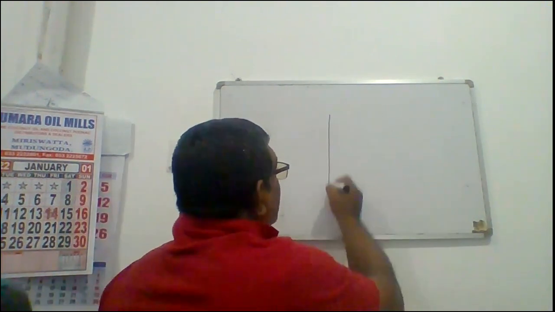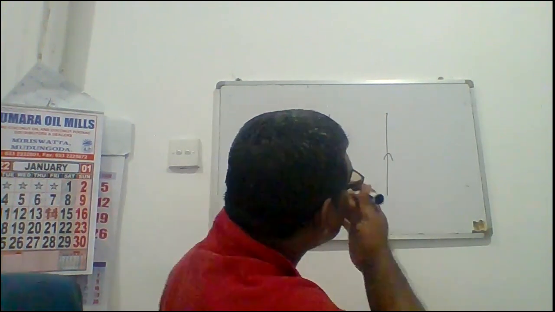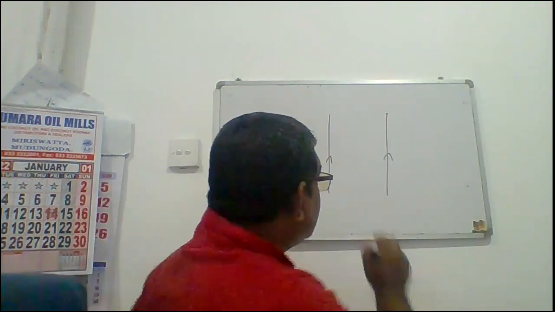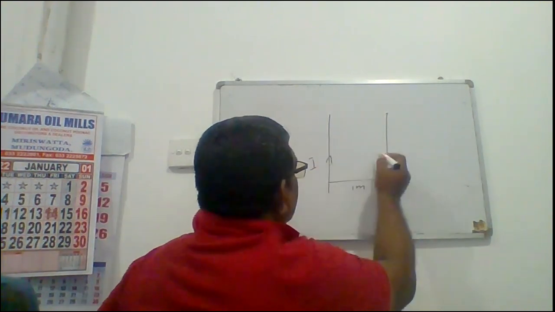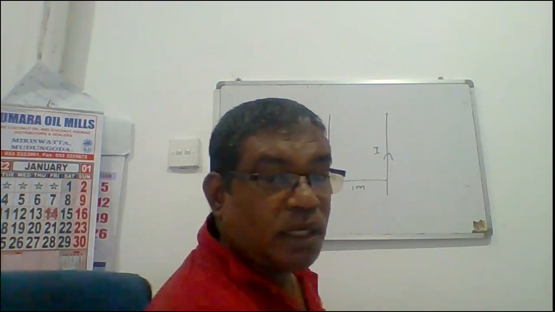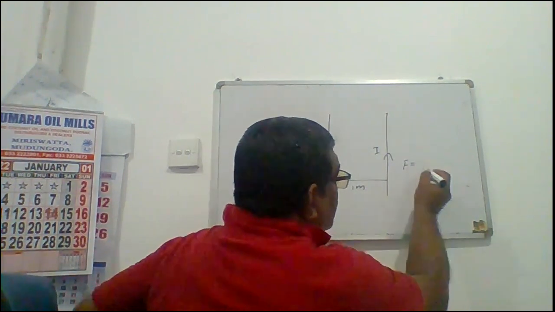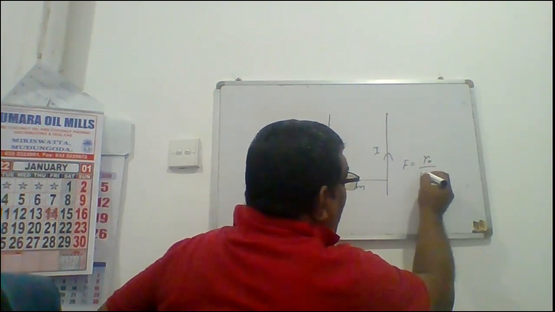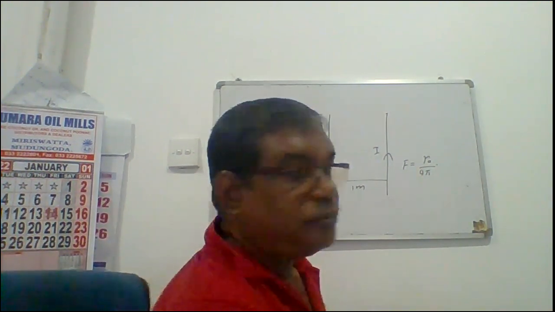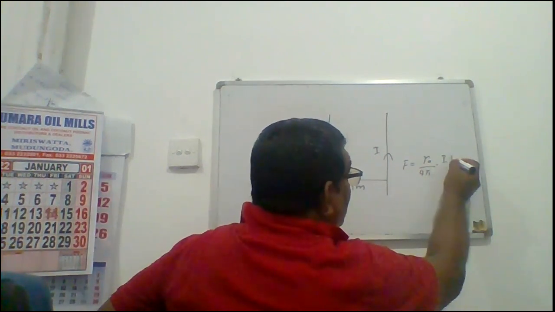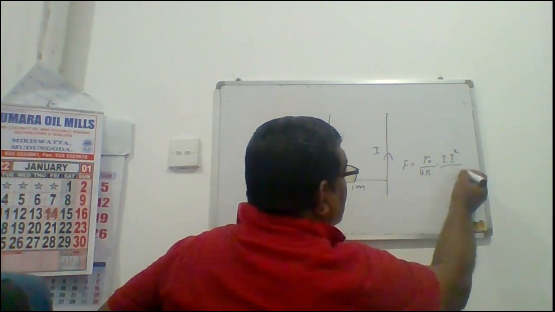Suppose we have two parallel conductors separated by 1 meter, and both the currents are the same. Then I can write F is equal to mu naught I squared divided by 2 pi into 1.